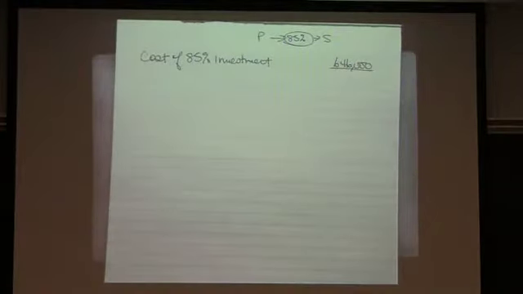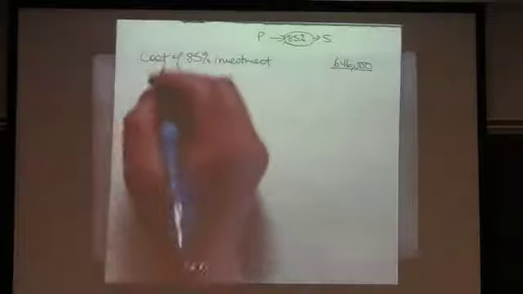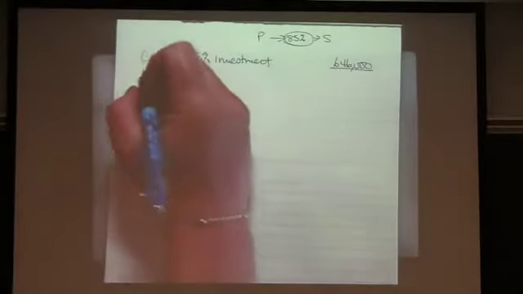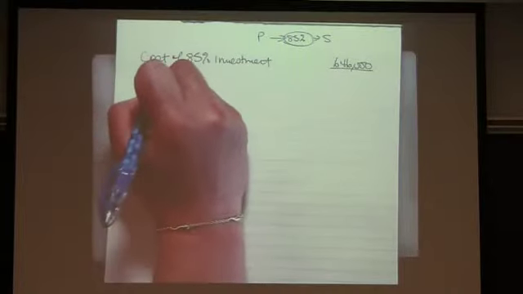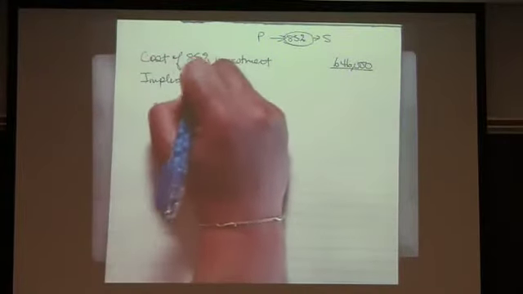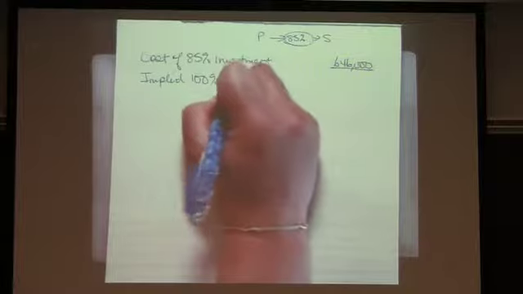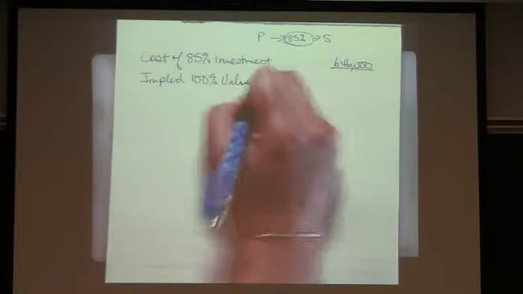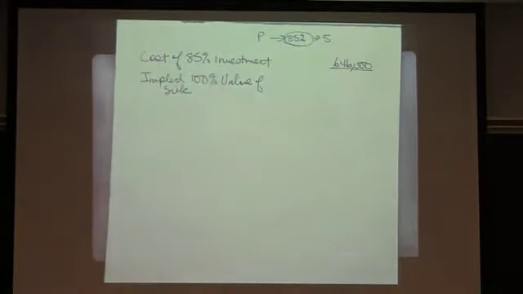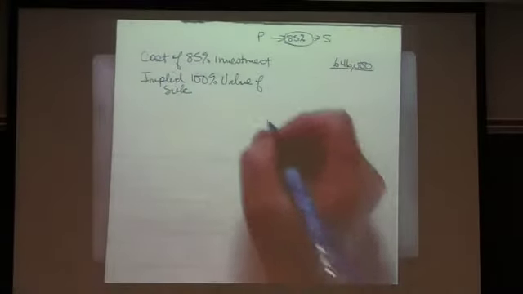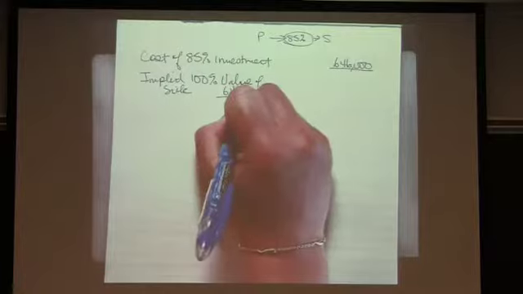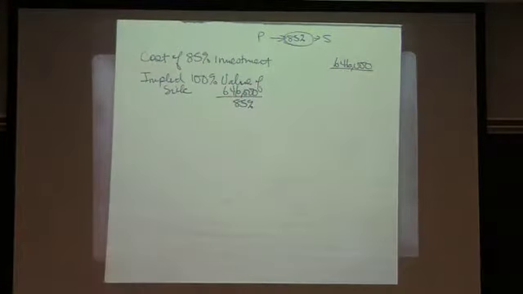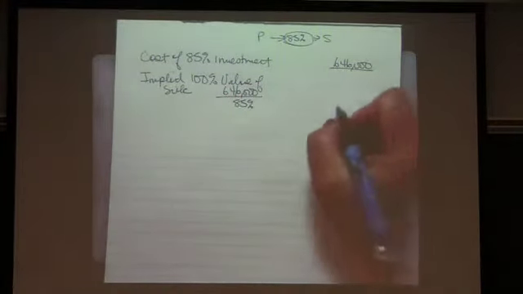Now again, the acquisition method in our standard requires us to calculate the implied value. The implied 100% value of Silk. And to do that, we're going to use the amount that we paid, $646,000, divided by 85%. That should give us the value for 100% of the business.